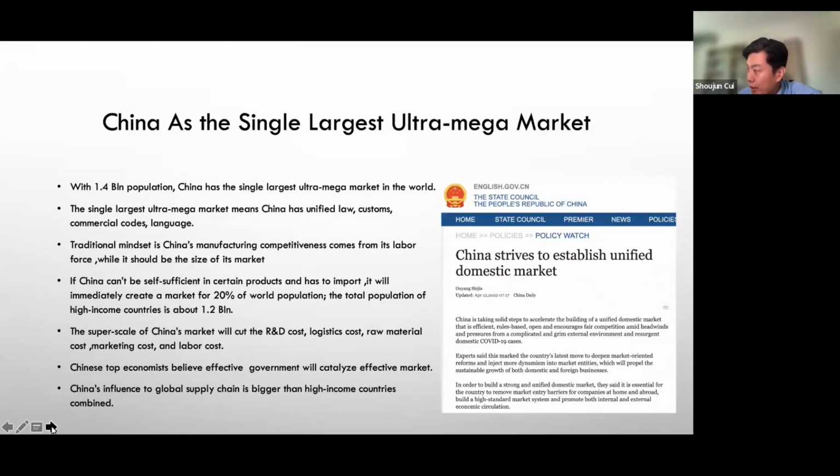In China, online commerce has been booming in the last decade.